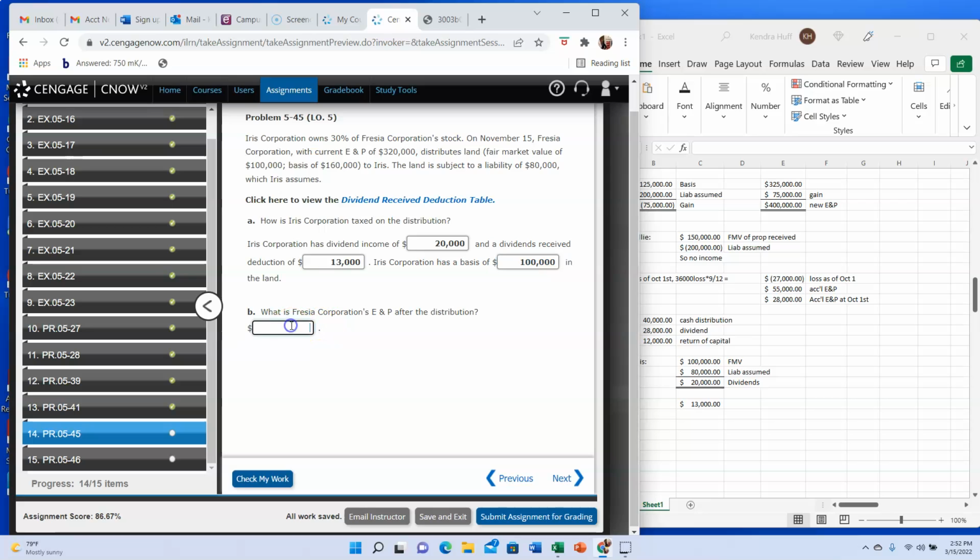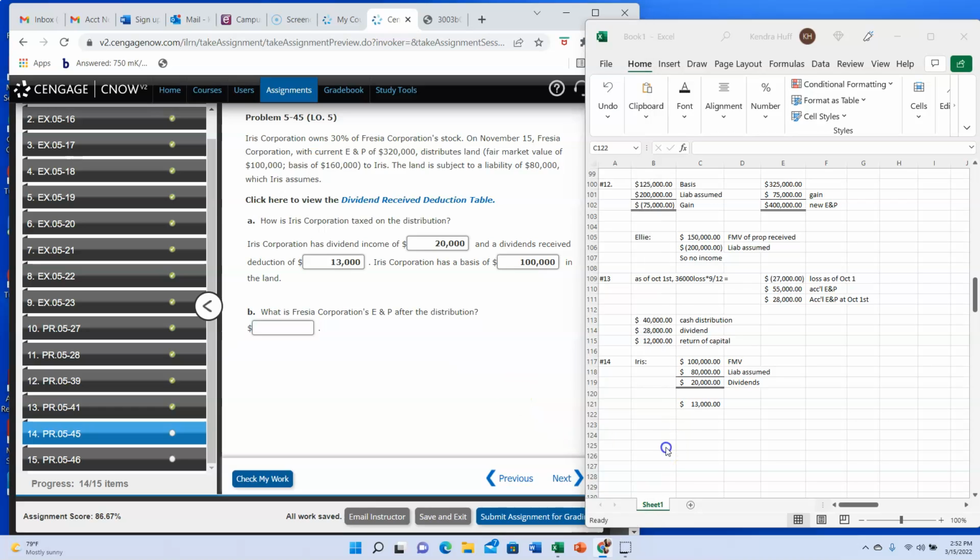What is Phreesia Corporation's E&P after the distribution? Okay, so what you do here, E&P reduction.